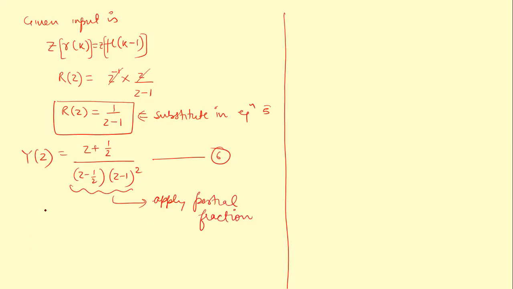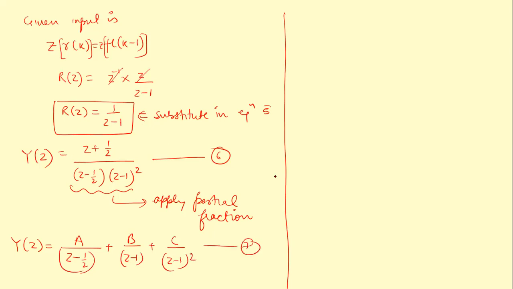So we can say that Yz is equal to A by z minus 1 by 2 plus B by z minus 1 plus C by z minus 1 whole square, right? This is, let us say, equation number 7.